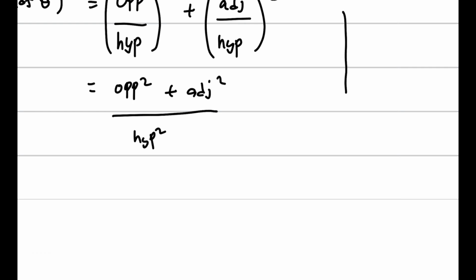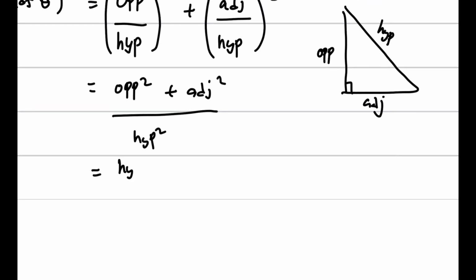Because in the right angle triangle, we can apply Pythagoras. This is opposite, this is adjacent, this is hypotenuse. By using Pythagoras, opposite squared plus adjacent squared is hypotenuse squared, over hypotenuse squared. So you will get it equals to 1.